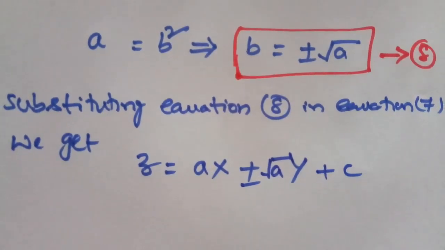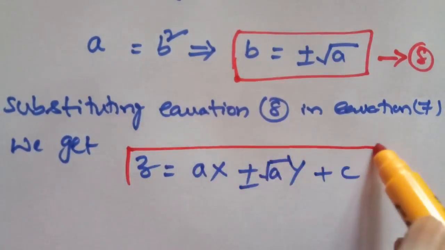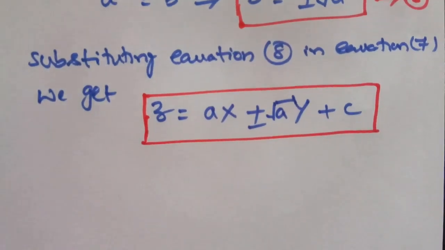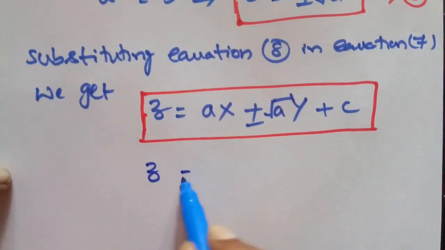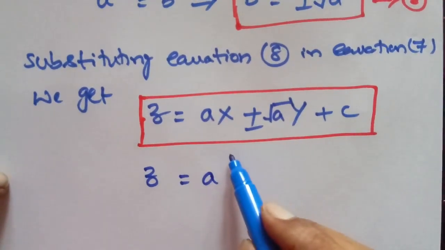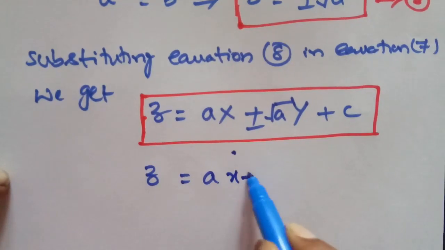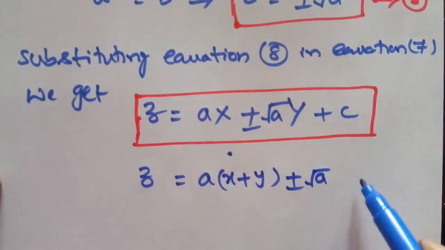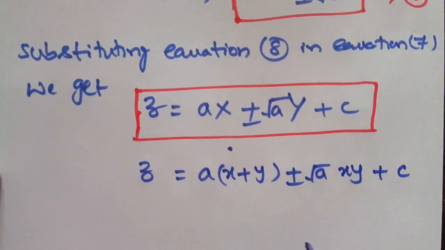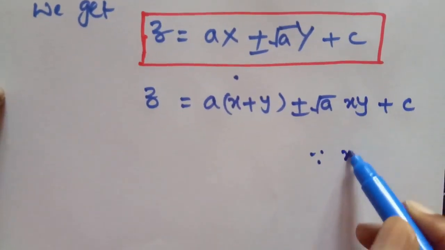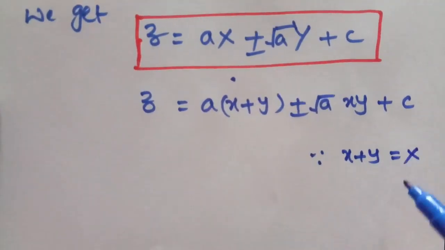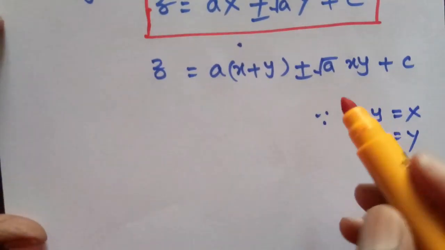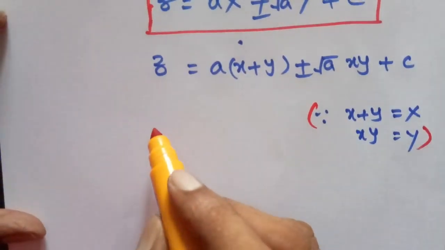Therefore, which is the complete integral of the given equation, and we also change the variables capital X in terms of x and y. Capital X is equal to x plus y plus or minus root A into capital Y, that is xy, plus C, since x plus y is equal to capital X and xy is equal to capital Y, as we assumed in the beginning of the solution.